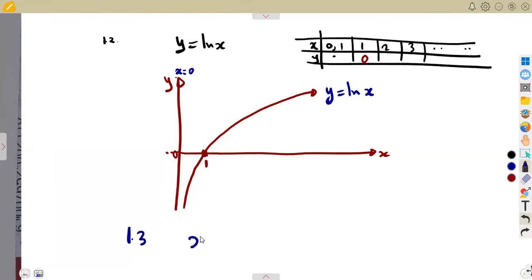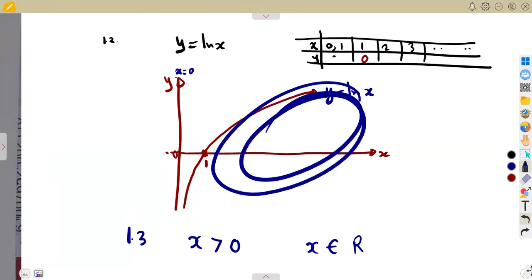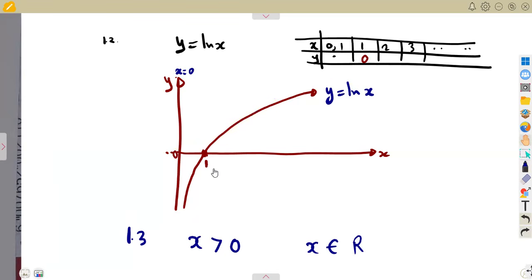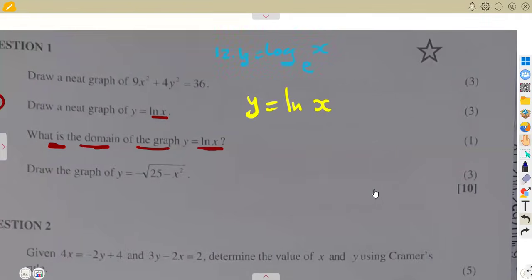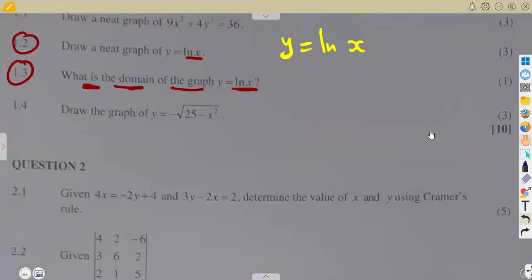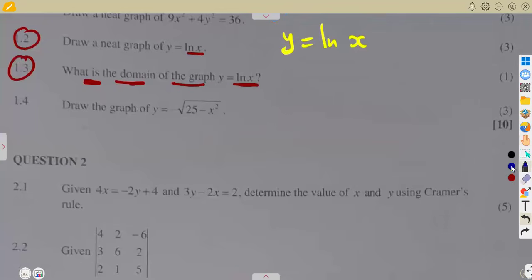So meaning to say x must be greater than 0, and x being an element of the real numbers. X must be bigger than 0 for this function to operate. That is the idea there. So this is what they will be asking you in your final examination, just like that.